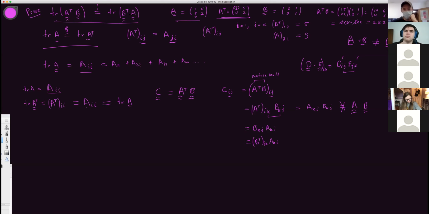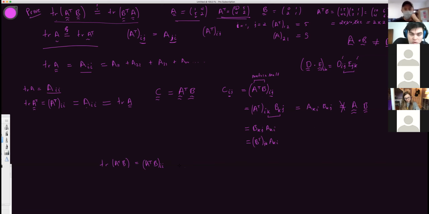So let's go back up to here, and notice that the trace of this whole thing, the trace of A transpose B, is equal to (A transpose B)_II.